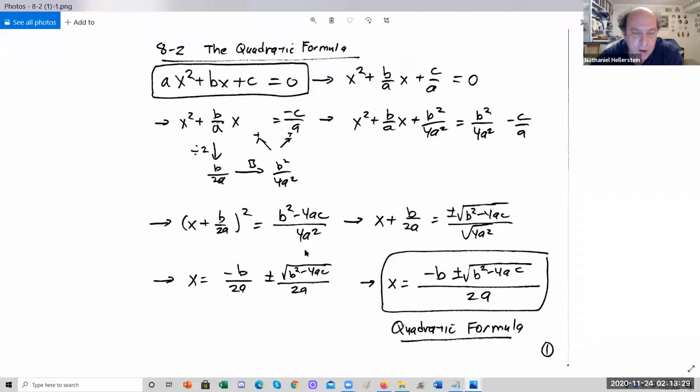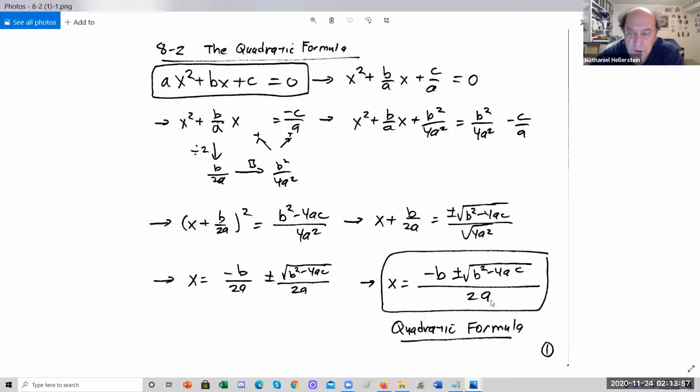So now we've gotten it down to where all we need to do is take a square root and transpose. Take a square root, x plus b over 2a is plus or minus the root of b squared minus 4ac over 4a squared. Now the square root of 4a squared is just 2a. And we'll subtract b over 2a from both sides and get x equals minus b over 2a plus or minus root of b squared minus 4ac, that over 2a.